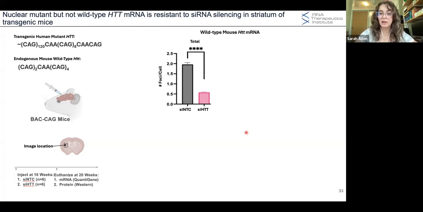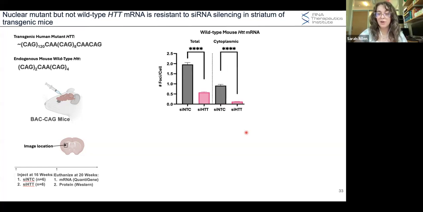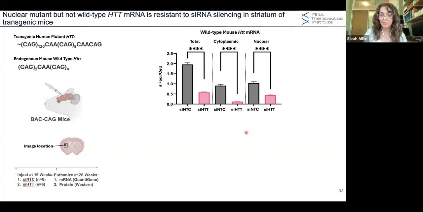where we can see that the wild type mouse Huntingtin was significantly lowered overall. When we look at specifically the cytoplasmic transcripts, we see really solid and significant lowering. However, when we look at nuclear transcripts, we also see significant lowering, which is great. But it's slightly lesser than the cytoplasmic silencing, but we still see really significant reduction of wild-type mouse transcripts in the nucleus.